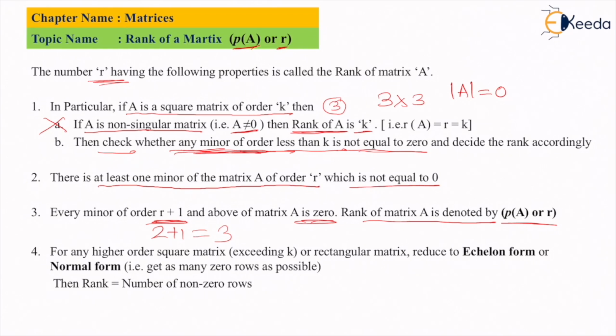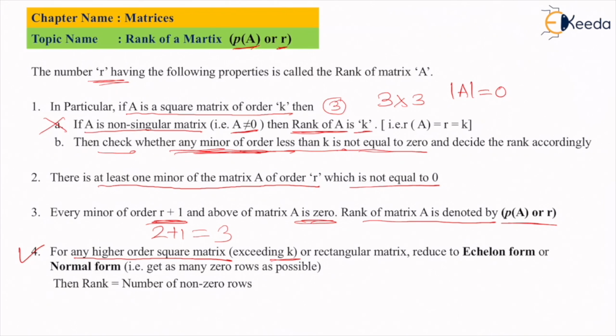So here the point number 4 says, for any higher order square matrix, I would say if the order is more than 3, then you should follow this point number 4, and by that method you should find out the rank of a matrix.